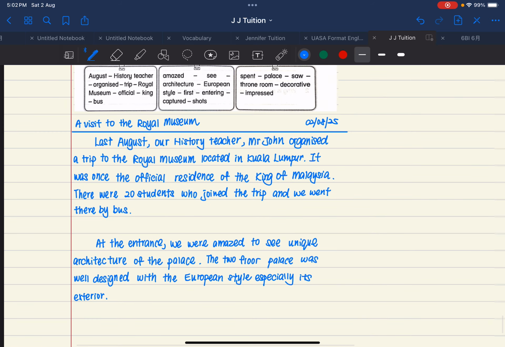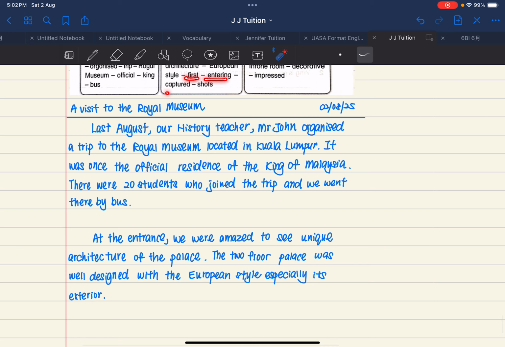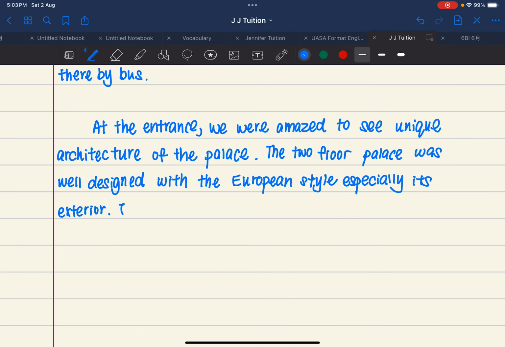Okay, next words, this is the first entering capture shot. So you can mention that this was the first time for the students, or for us. So we can write down: it was the first time for us entering a palace.